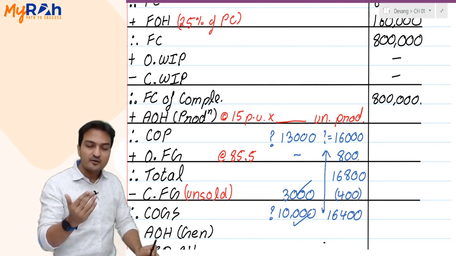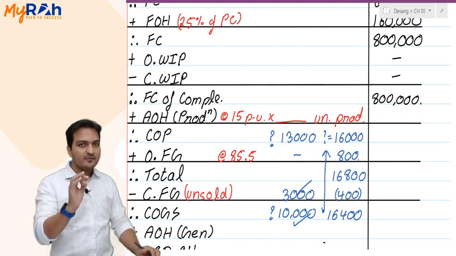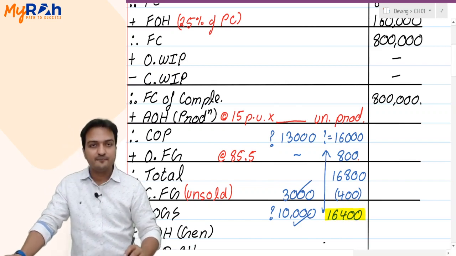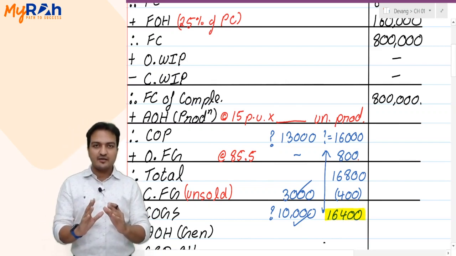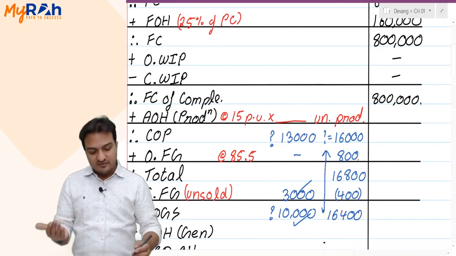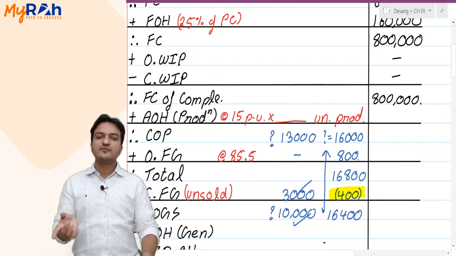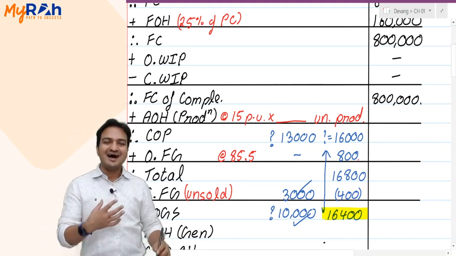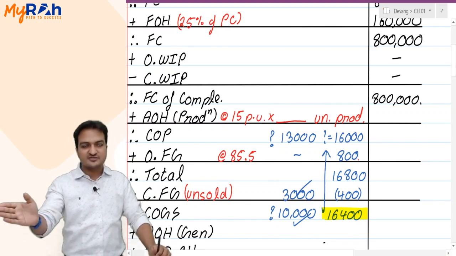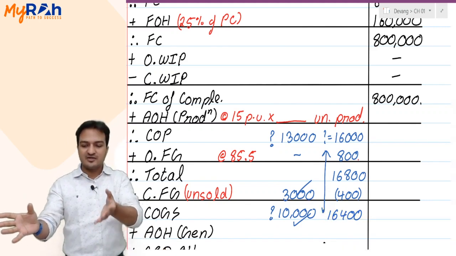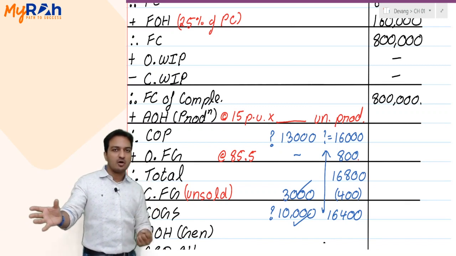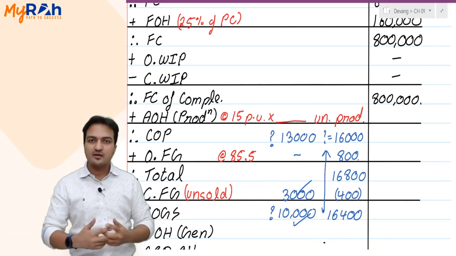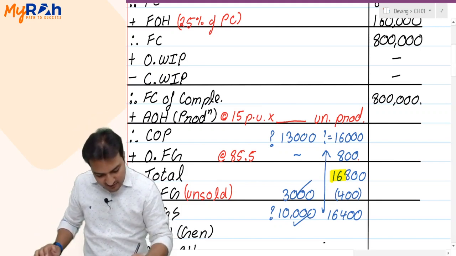For those of you who want the concept, listen to the concept. The concept goes like this: if 16,400 are the units that I sold, then 400 are the units which are left unsold. So think, if I need 16,400 units for selling to the customer, plus another 400 units I need to keep as my closing stock, then the total units that I need will be 16,800.